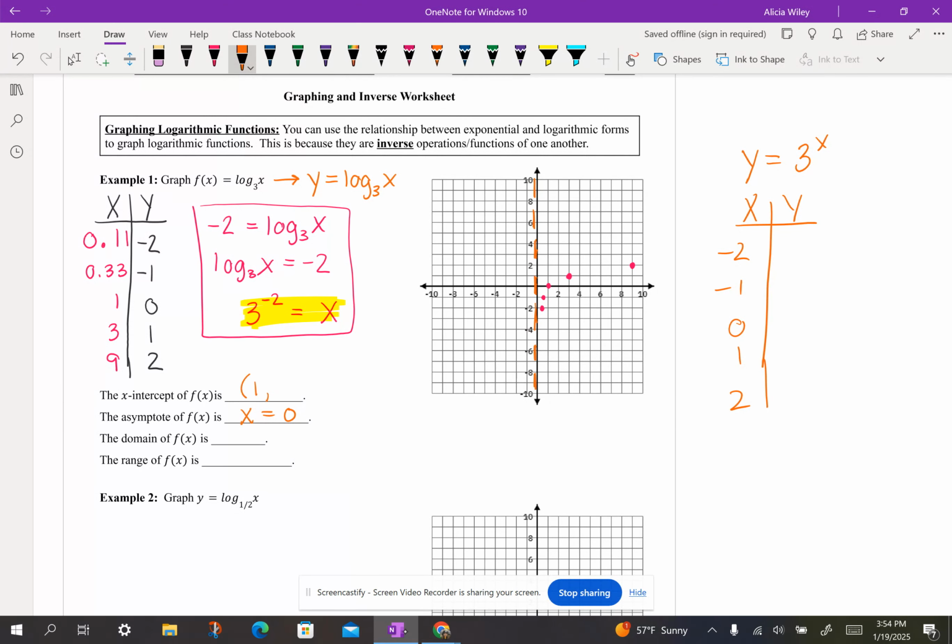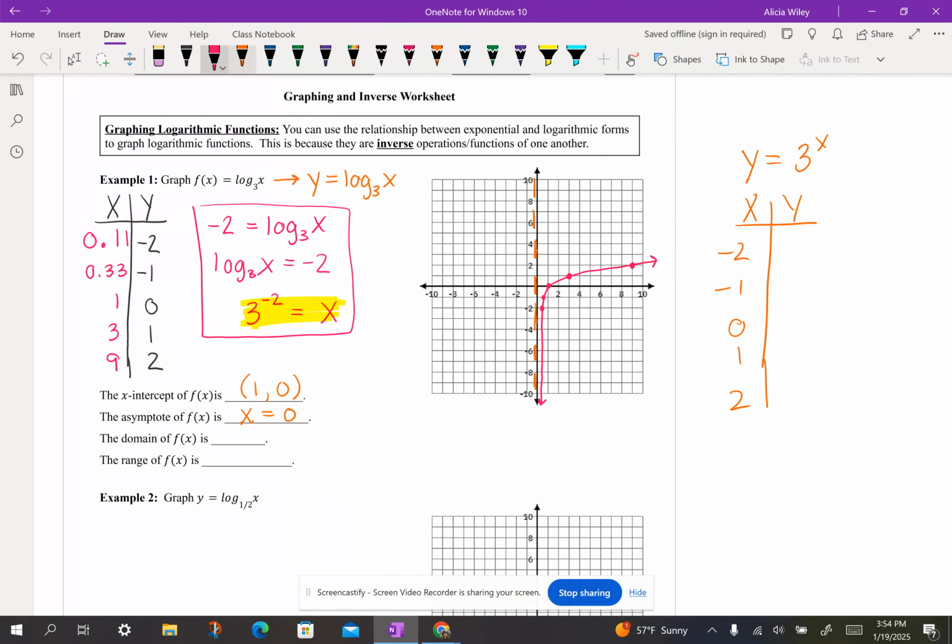That's at the point 1, 0. As this graph goes down, it's going to get really, really close to that asymptote, but it's going to go down forever. As it goes up, it's going out here to the right, and it is going to go to the right forever, but it's also going to go up forever.